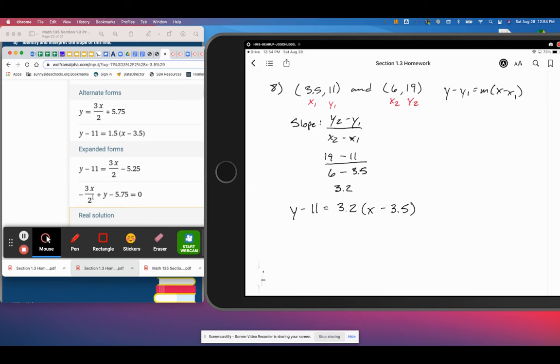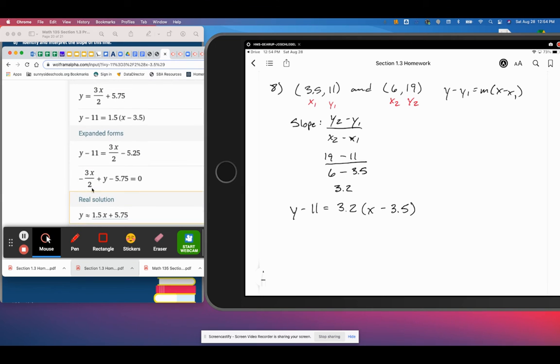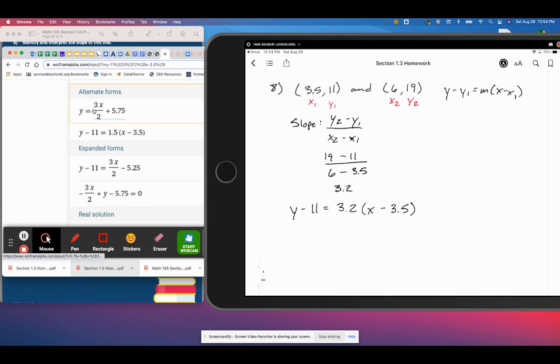The real solution is interestingly the one that looks most like the way I want it to look. I'll take this one though, and I am going to change that to a decimal. Y equals 1.5x plus 5.75. And so there is an alternate equation to the point slope form formula. We have an equation now in point slope form and slope intercept form.